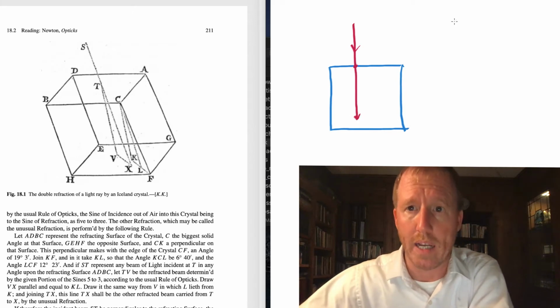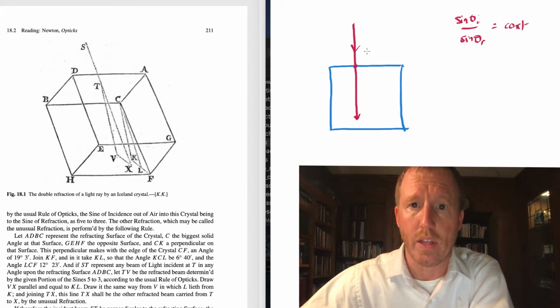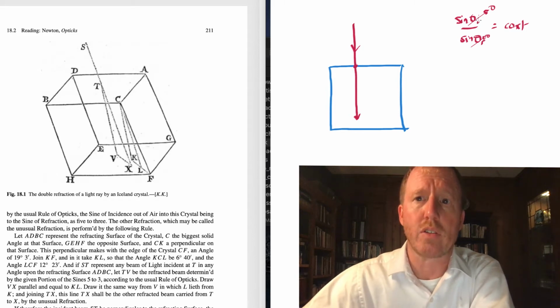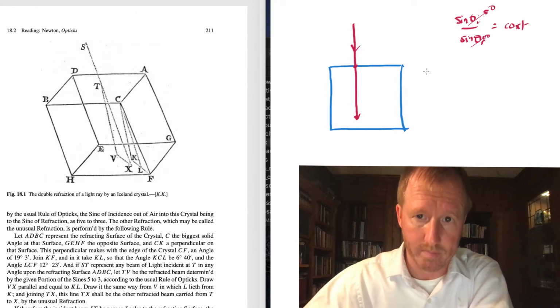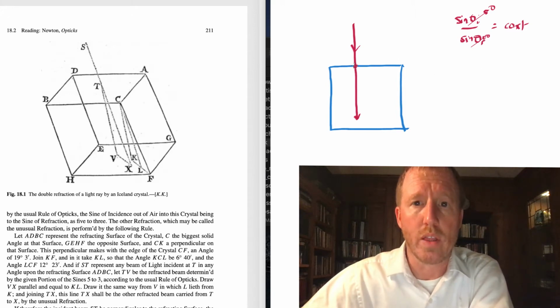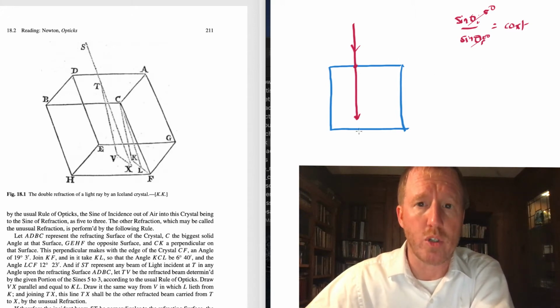So that obeys sine of theta incidence over sine of theta refracted equals a constant. Well, the angle of incidence is going to be 0, and the angle of refraction is also going to be 0. So if the angle of incidence is 0, the angle of refraction is going to have to be equal to 0 as well. And so this is what you would expect, and sure enough, you do have this ordinary beam that does this.